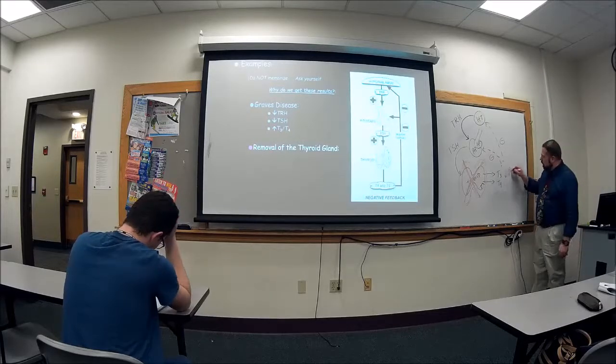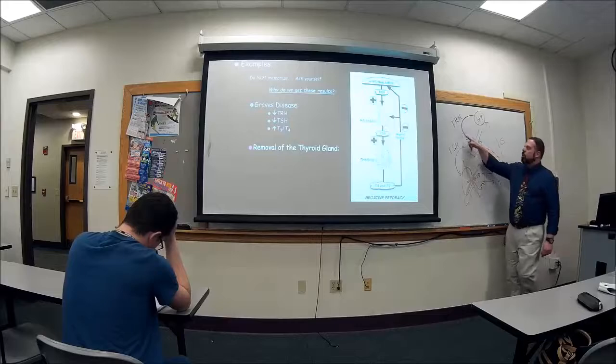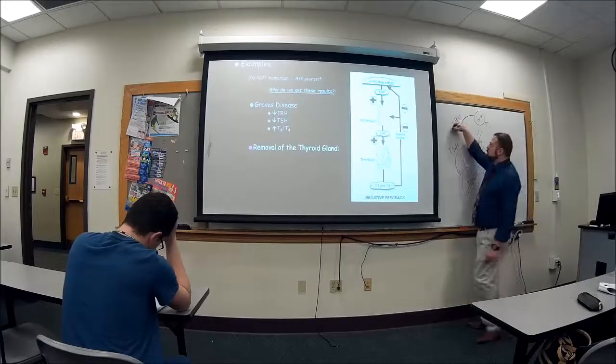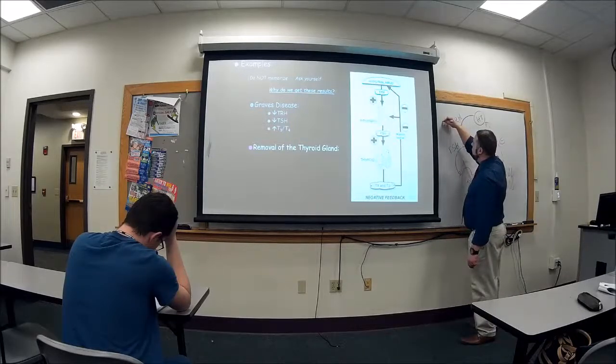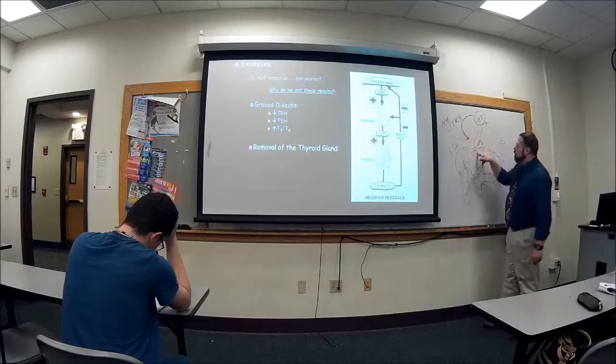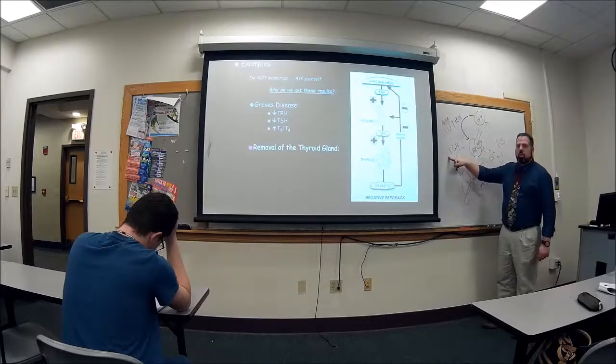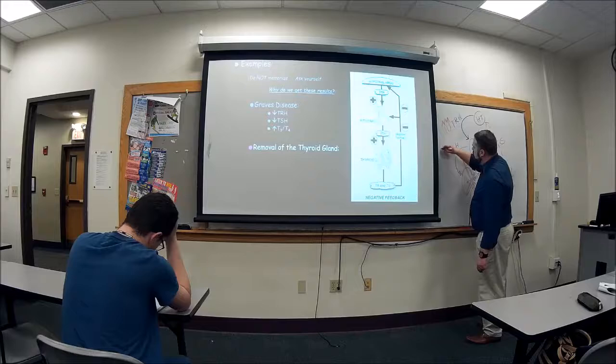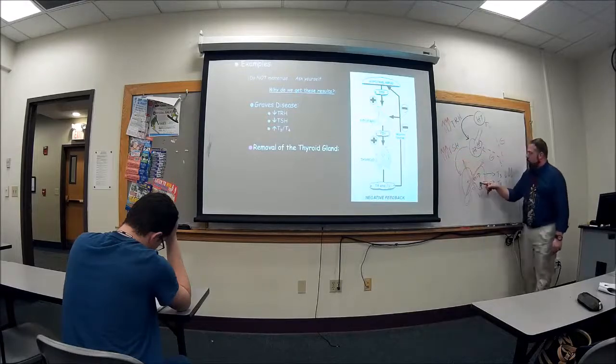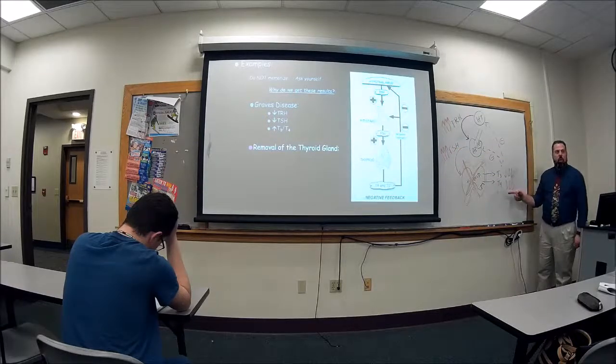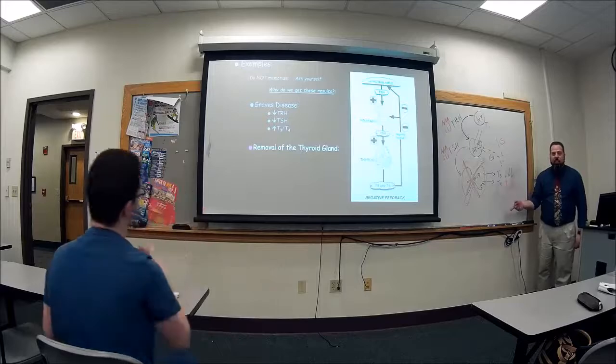That's going to go down. Now this is too low, so negative feedback goes on. What's going to happen to TRH? It's going to go up. That's going to tell the anterior pituitary to do what to TSH? Increase. This is going to tell the thyroid to do what? We can't. There's no thyroid there.